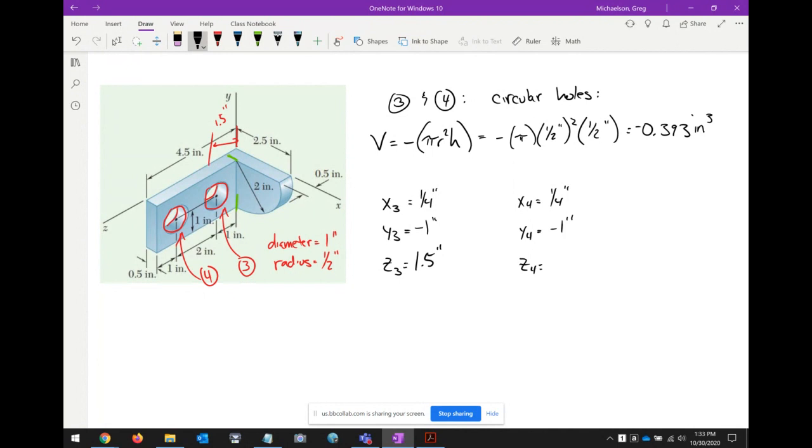So if this is 1.5, somebody tell me what Z4 is. 3.5. There we go. Exactly. There you go. See, it's not hard. It's just this little nitpicky bookkeeping that can happen sometimes.